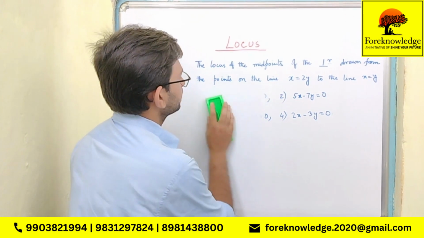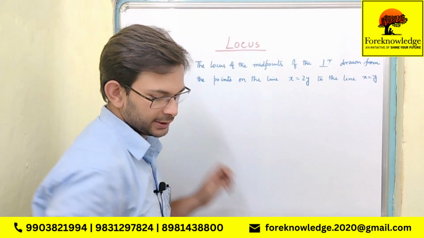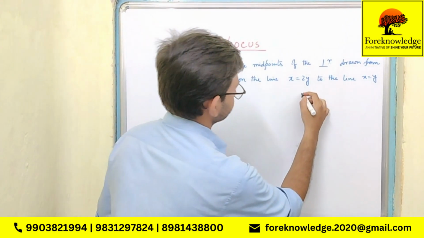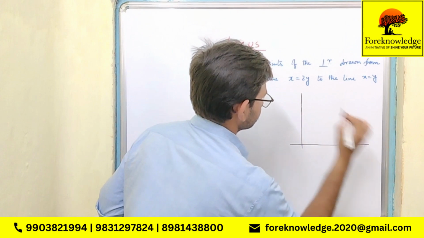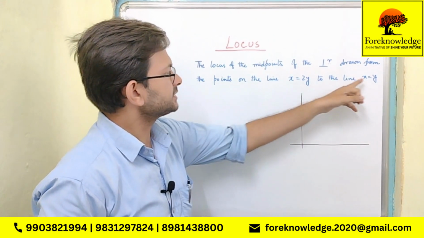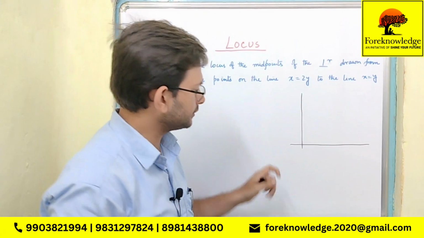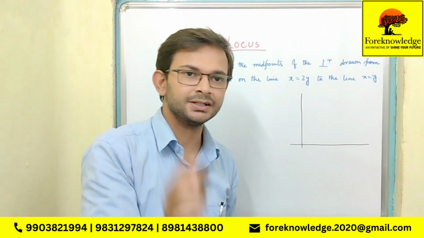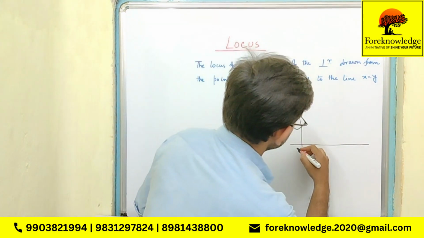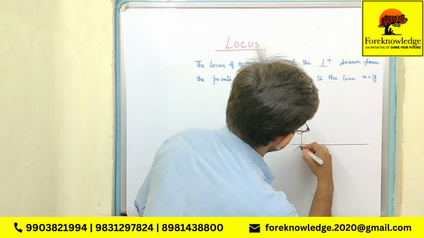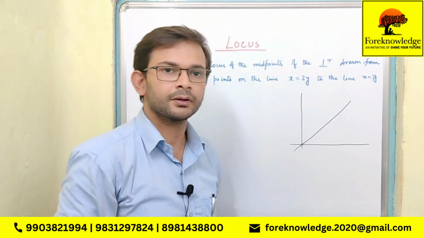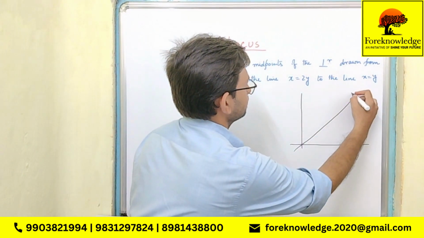First, let us draw the diagram. You need to understand what is happening here. Now, x equal to y is the line passing through the origin, and its slope is 1. Y equal to x.